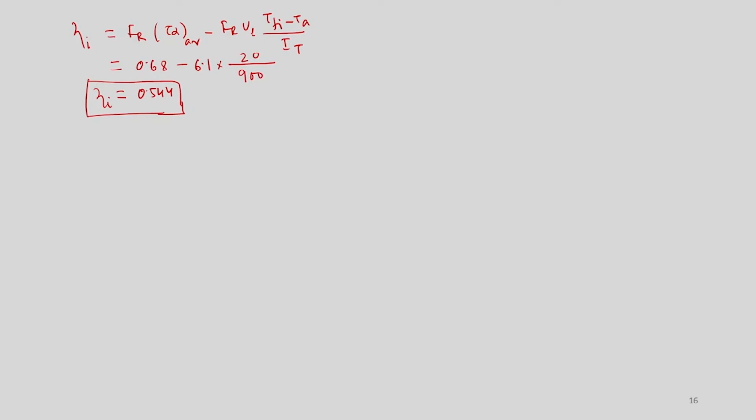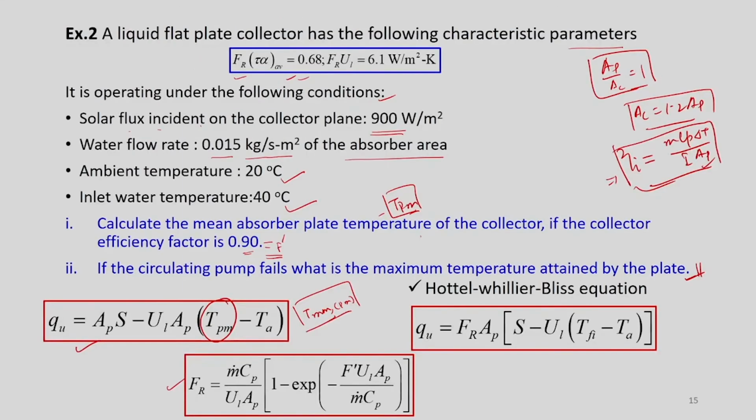We can also find out what will be the TFO. Once we know this instantaneous efficiency, we know this eta I is M CP, TFO minus TFI, divided by AP into I. If you substitute all those values, this will be 0.544 and M is given here. So, what is the M? 0.015.